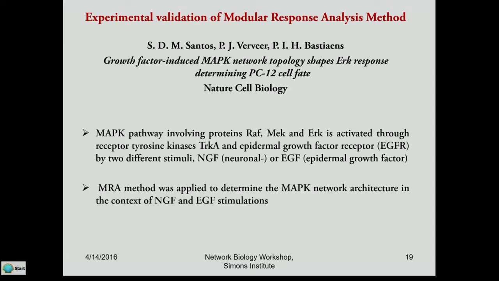You can control the stimuli, and thereby change the state vector from one steady state vector to another. The MRA method was applied with respect to these 2 stimuli and the other proteins and molecules as nodes to figure out the network.